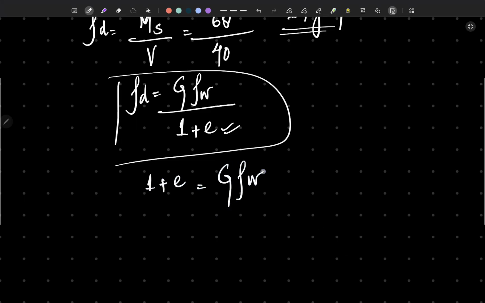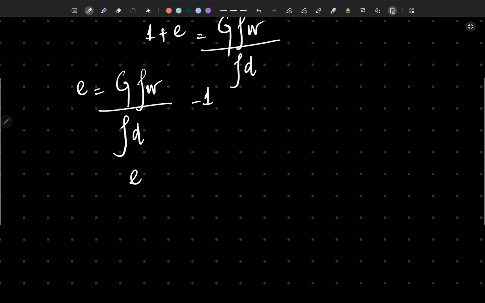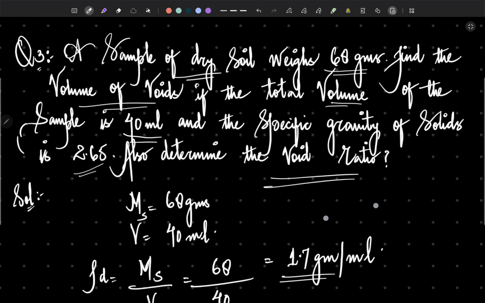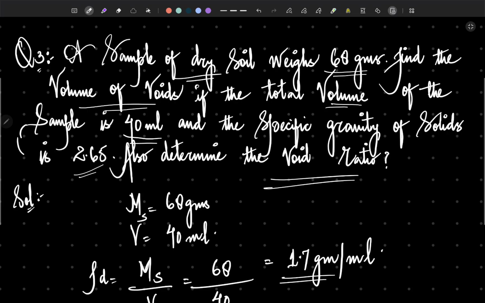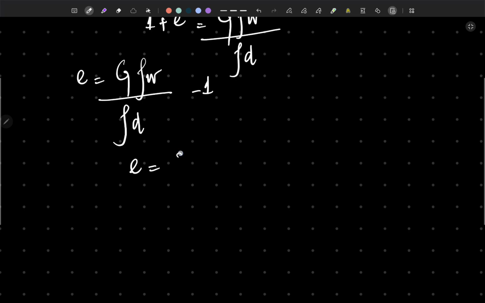This will become this, and then void ratio is, all right, minus 1. So void ratio here will be how much? G, specific gravity: we have been asked that the specific gravity of soil solids be taken as 2.65. So it's 2.65.